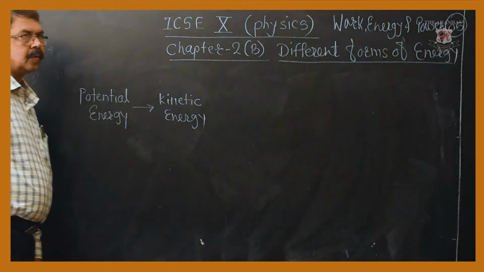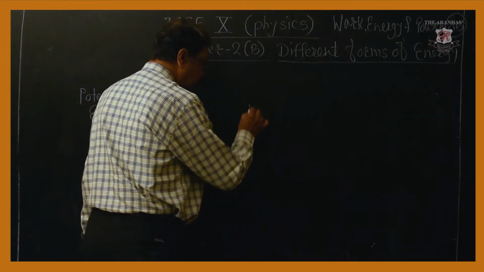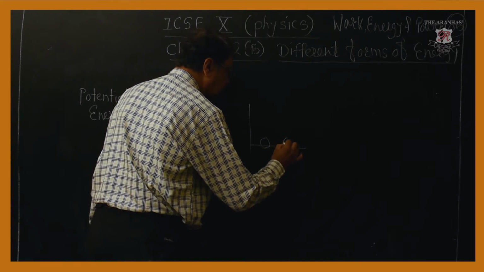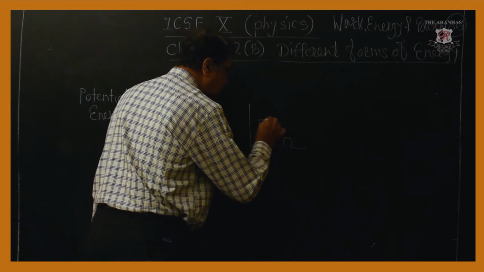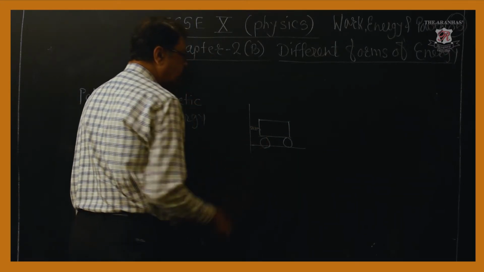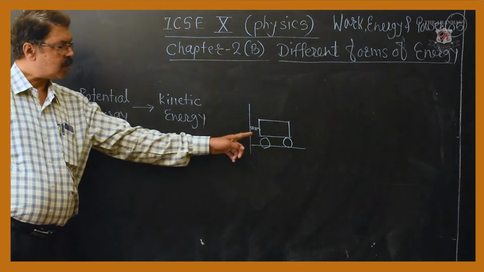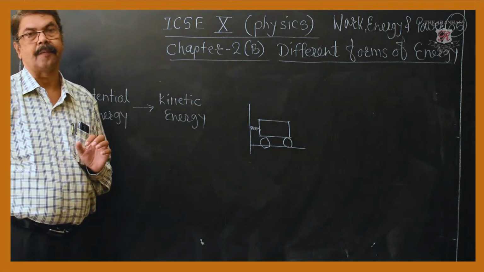Example, there is one numerical in the textbook in which they have said there is a small card, which is connected to a spring. The spring is compressed. Means what? This spring has elastic potential energy.